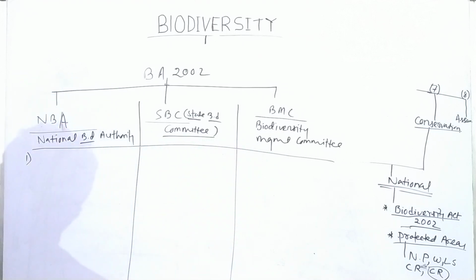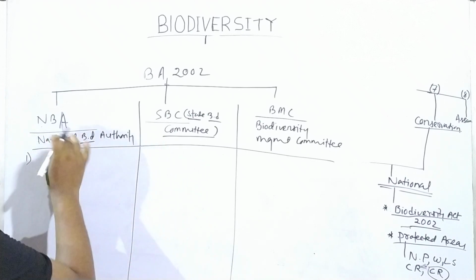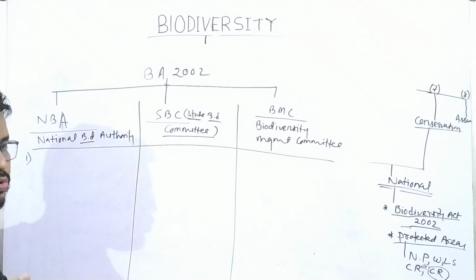Now what is the function? The function of NBA, National Biodiversity Authority, is to implement the Biodiversity Act at the national level.